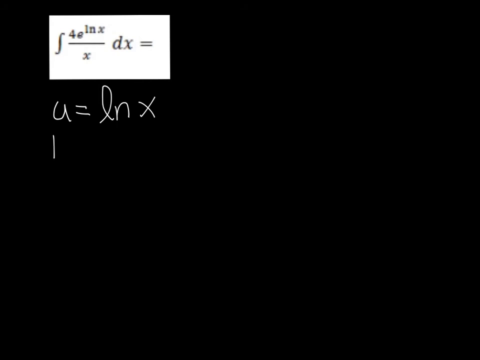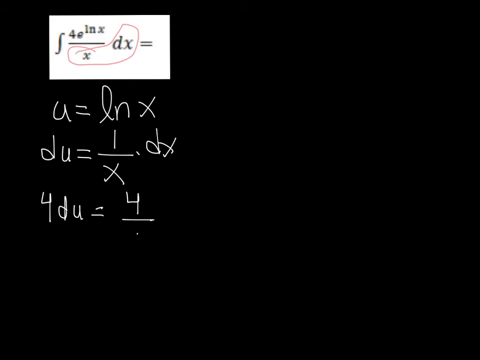And we know that because if you know the differentiation rules, the derivative of natural logarithm of x is 1 over x times dx. And this is very similar to what we have in the original integrand. The only thing that is missing is that we have to multiply both sides times 4. So we have 4 over x times dx.